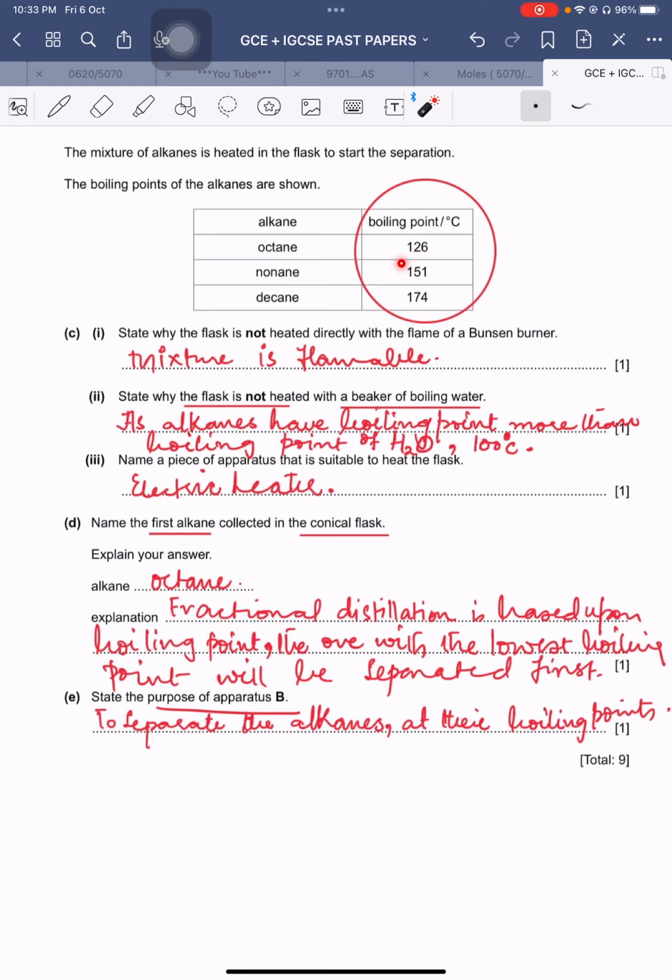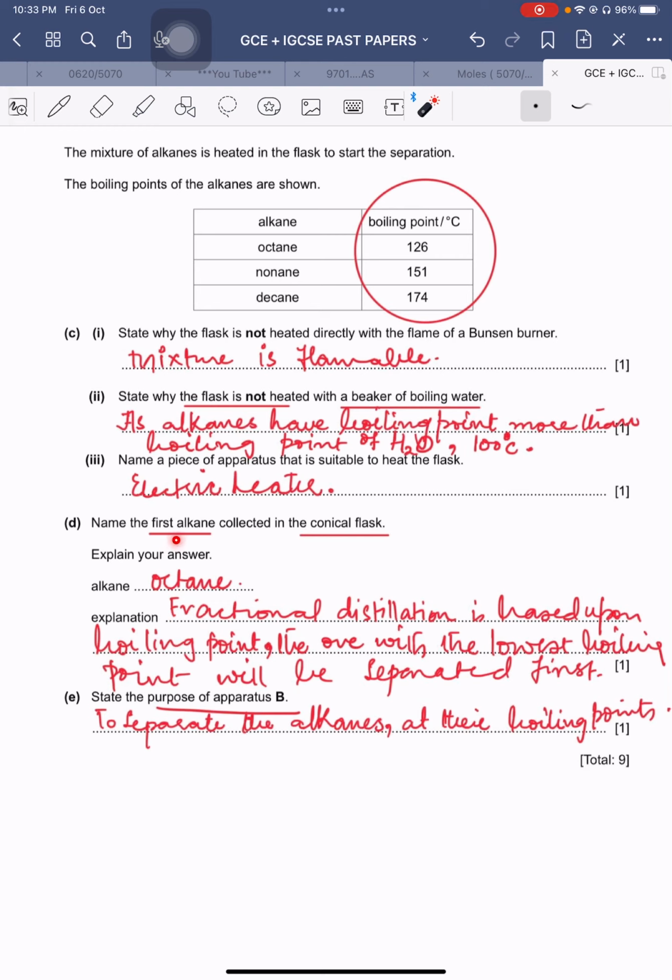Then we can place another flask for nonane, and when the temperature is above the boiling point of nonane, this gives us evidence that all the nonane is removed as well. So when the boiling point of one fraction is over, we keep another flask for the next fraction.